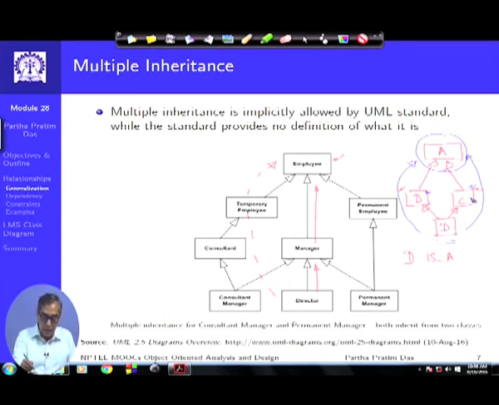So, there are issues in terms of how the multiple inheritance should be interpreted, and you should keep in mind that while it is implicitly allowed, the standard has not provided any specific definition for that. So, you will find that a multiple inheritance model as created in a UML class diagram, when you try to take it to an object oriented programming language like say C++, then a specific OOP language will have specific interpretation, specific semantics for multiple inheritance.